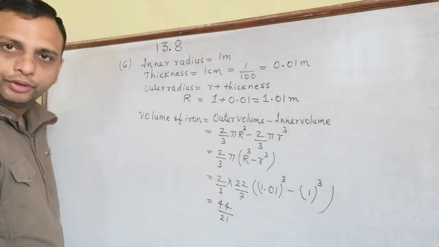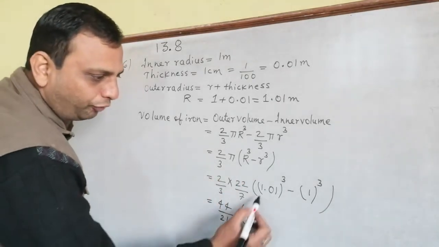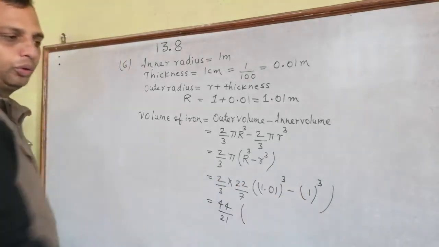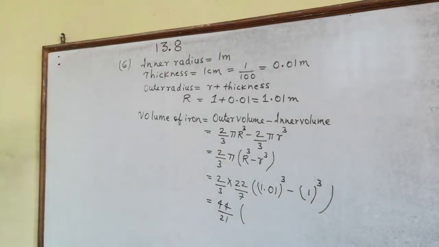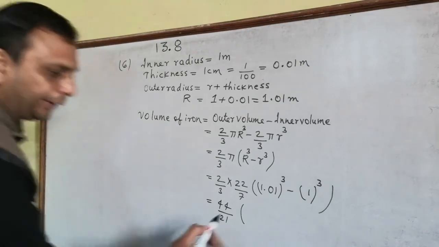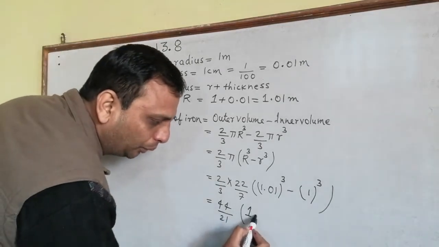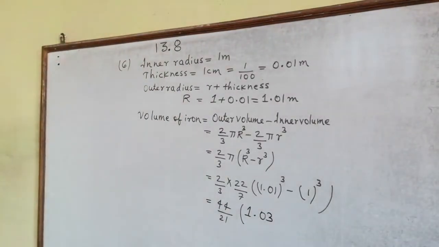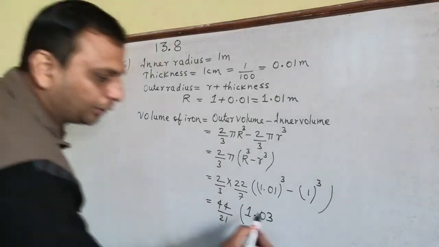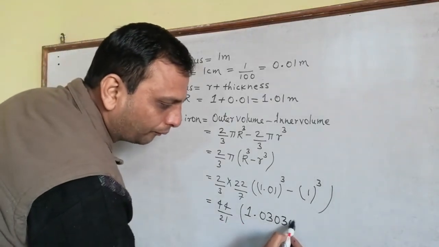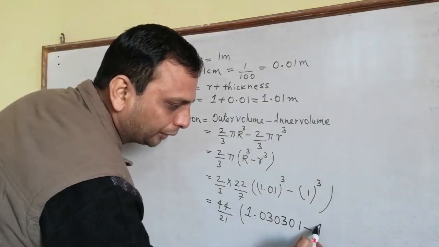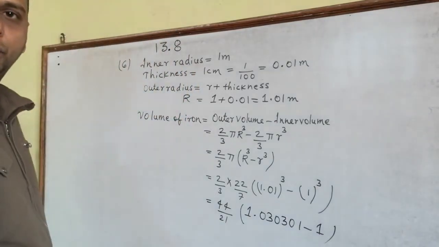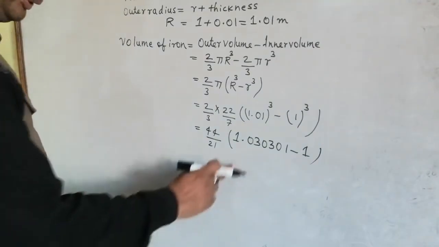Now 1.01 cube we have to find. 1 cube is obviously 1. So 1.01 cube will be equal to 1.030301, minus 1 cube is the 1. This much we got on finding the cube.